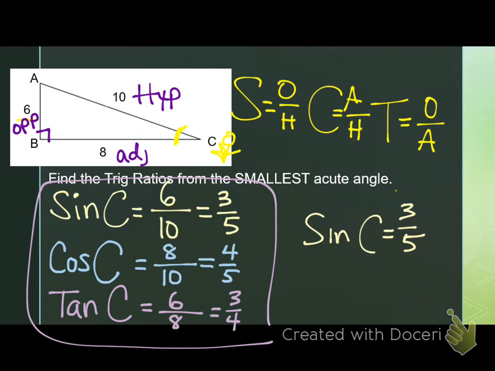What do I not know the value of in this equation? I know there's a lot of letters. C. What does this capital C represent? The angle. Do we know the measure of this angle? No. We don't have enough information to know it.